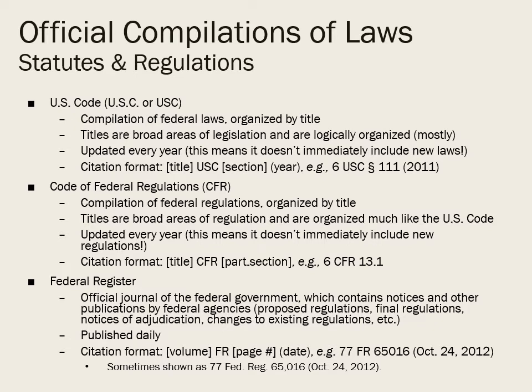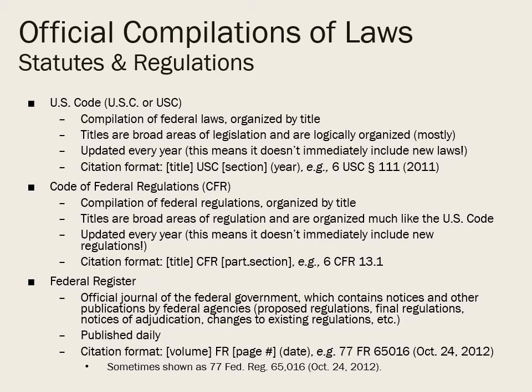Now, the Federal Register, unlike the US Code and CFR, is not an annual compilation of laws and regulations. It is the official daily journal of the federal government, kind of like a daily diary. The Federal Register contains notices and other publications by federal agencies, and that includes proposed regulations, final regulations, notices of adjudications, and notices of changes to existing regulations.